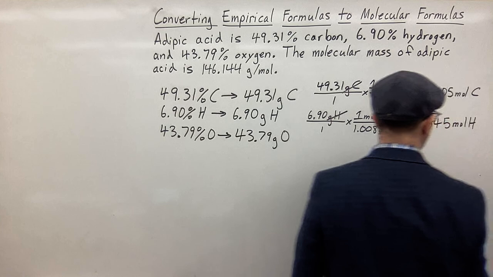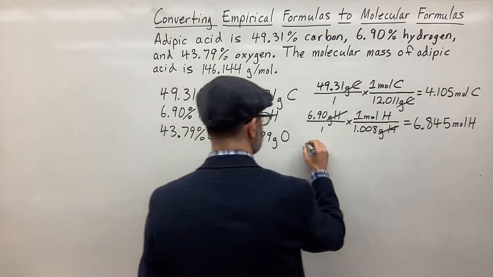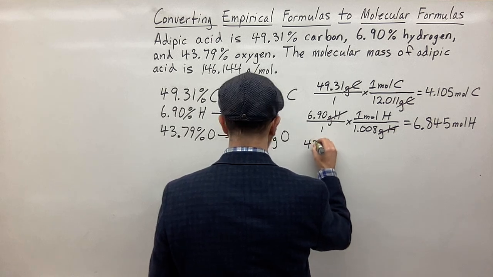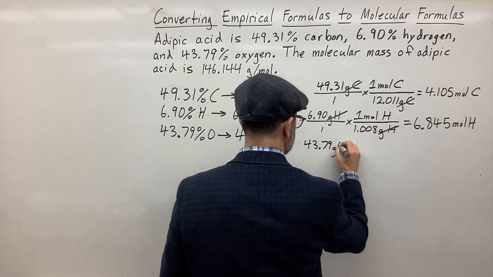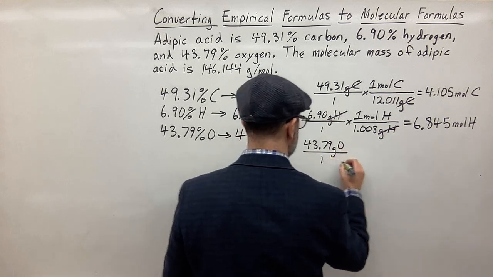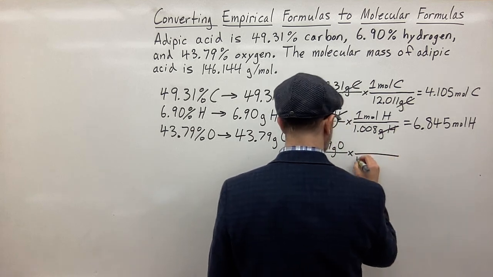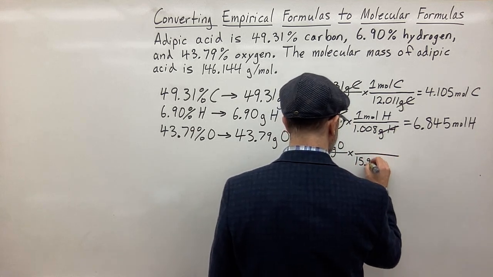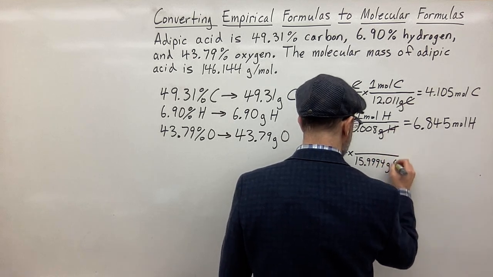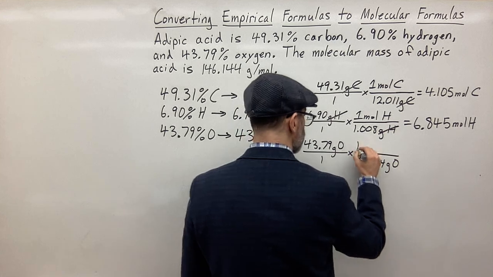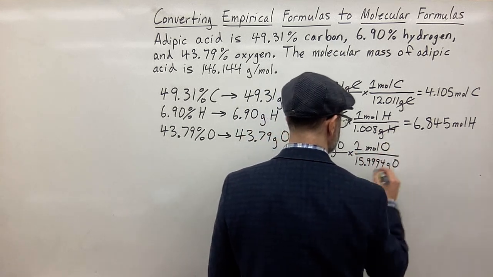And then lastly, I'm going to do the same thing with oxygen. So I have 43.79 grams of oxygen over 1 multiplied by its molar mass. So I'm going to have 15.9994 grams of oxygen on the bottom, 1 mole of oxygen on top.